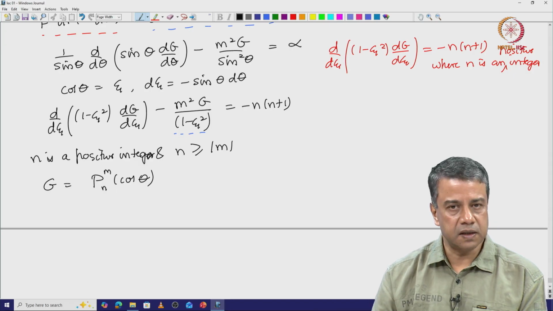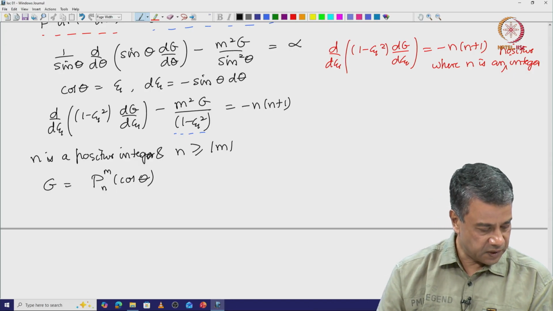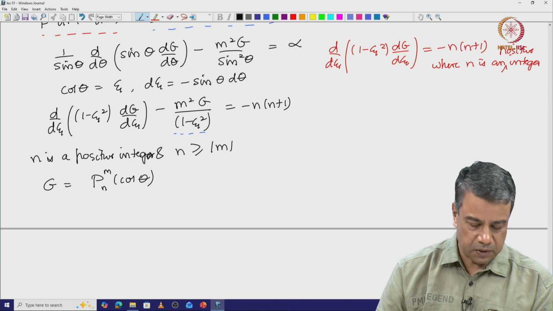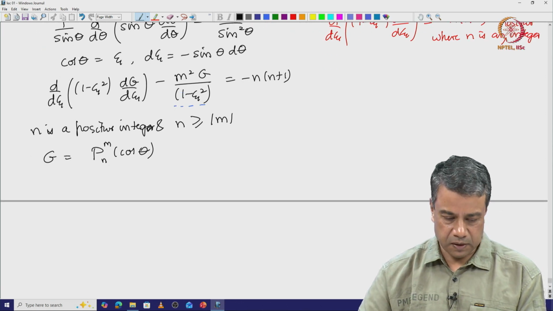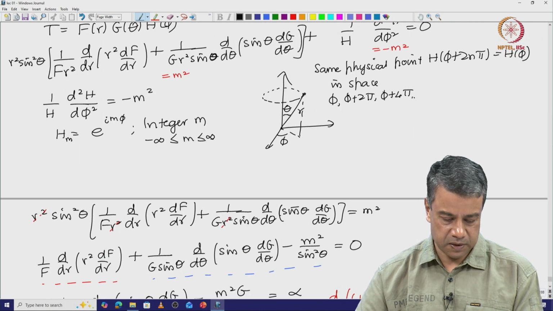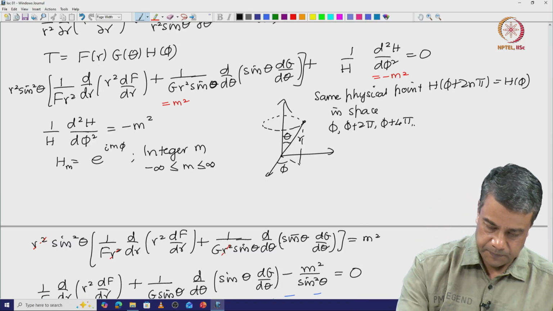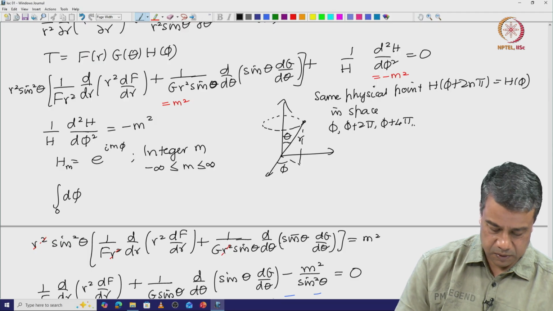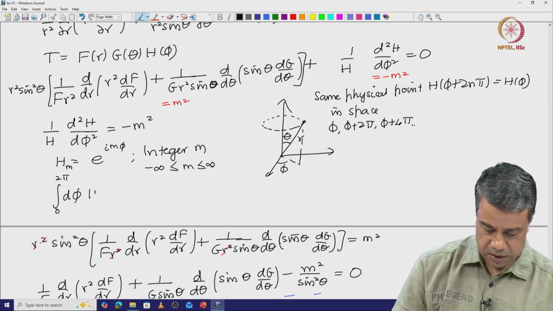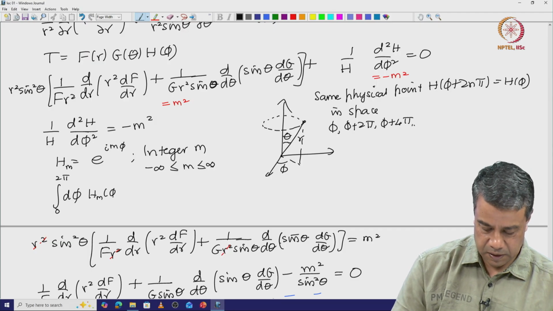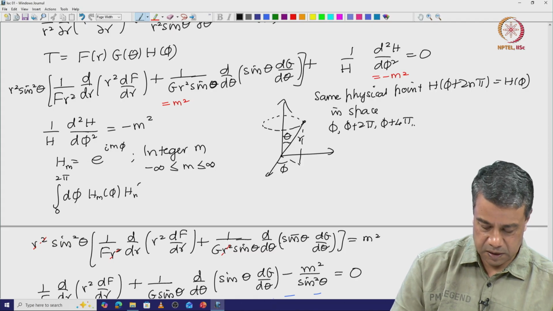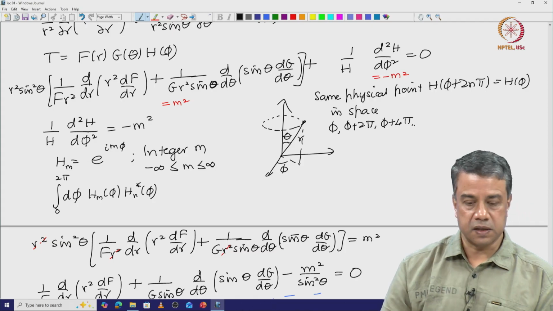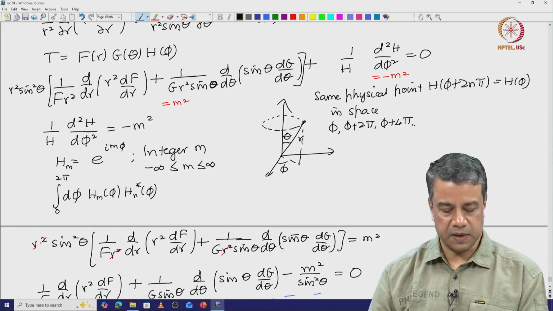And the orthogonality relation for this, note that the orthogonality relation for h_m was of the form integral dφ between 0 to 2 pi of h_m of φ h_n star of φ. Since it is complex, you have to multiply it by the complex conjugate.